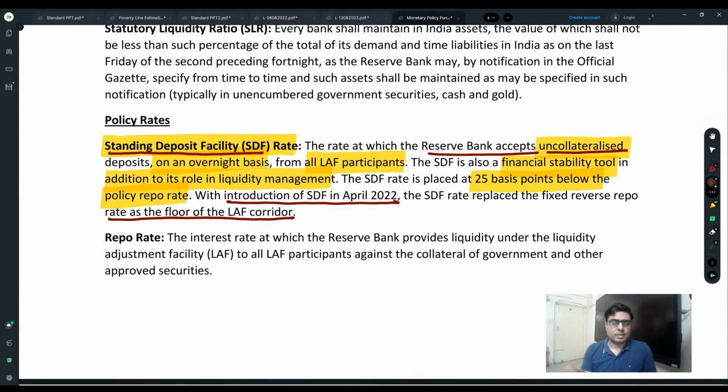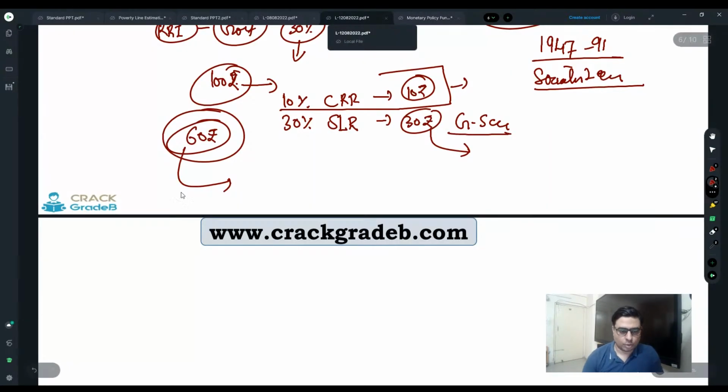Like in the SLR system, RBI is accepting money from banks and issuing government securities, and against those government securities, RBI is getting the money from the banks. That means every time RBI accepts money from the banks, it has to issue government securities. Government is saying, I need a loan of how much? I need a loan of 100 rupees. And for that, RBI has issued the government securities. Government is saying, how much do we need?